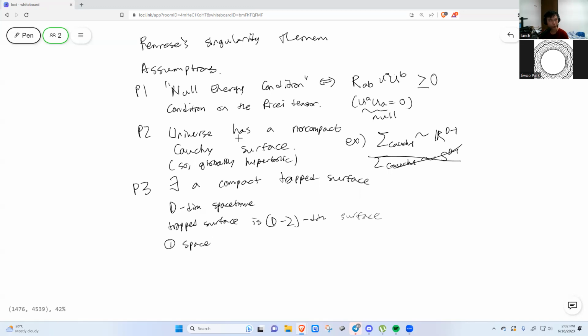It is a space-like surface, which is basically saying that if you have two points on the trapped surface, they are space-like separated.